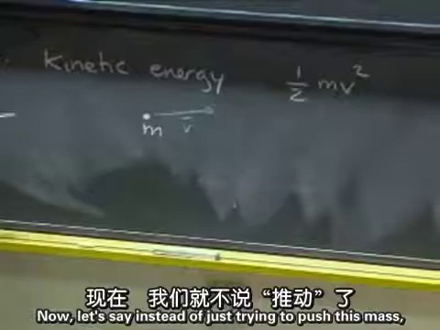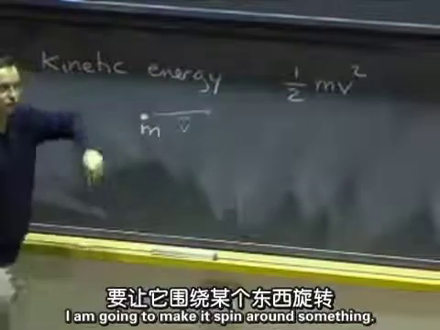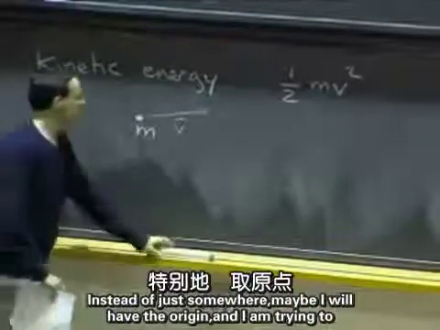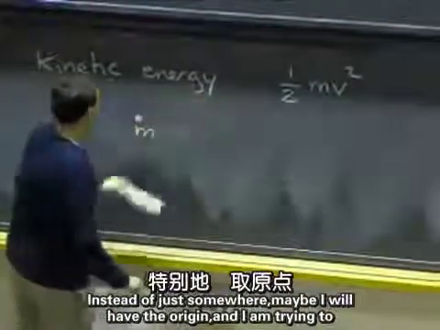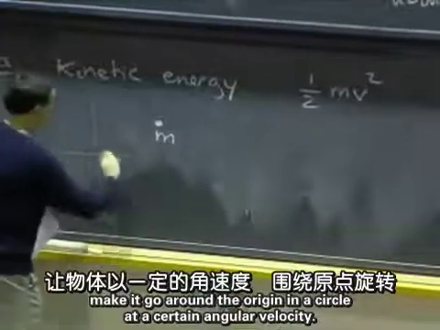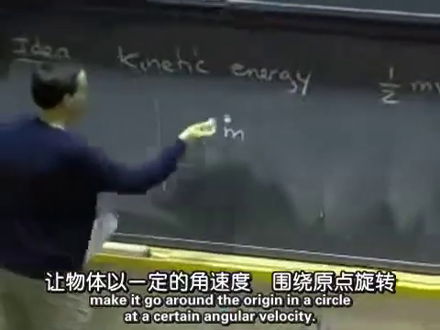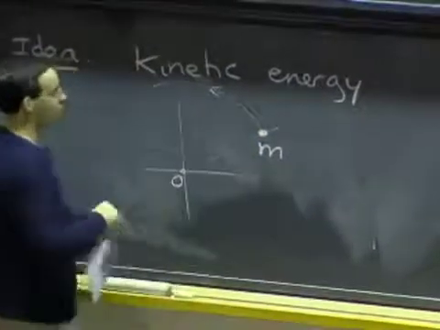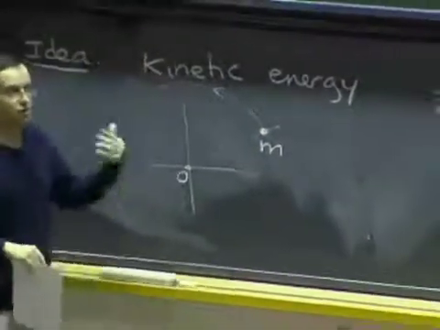Now let's say that instead of just trying to push this mass, I'm going to make it spin around something. So instead of just going somewhere, I will have here the origin, and I'm trying to make it go around the origin in a circle at a certain angular velocity.